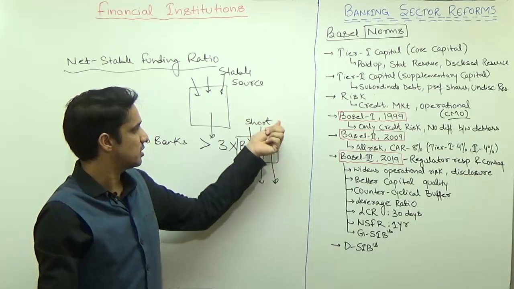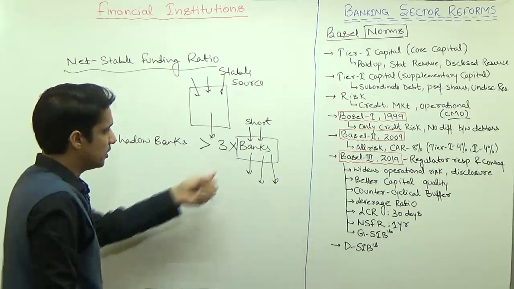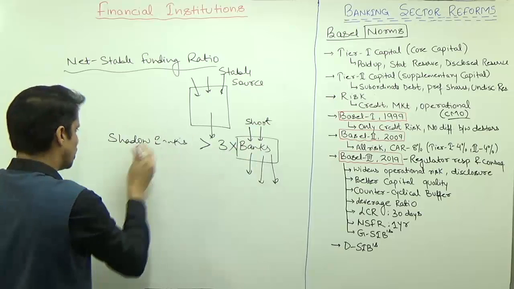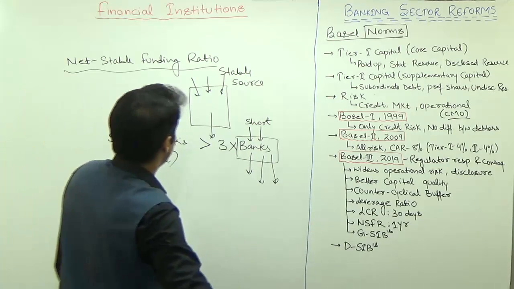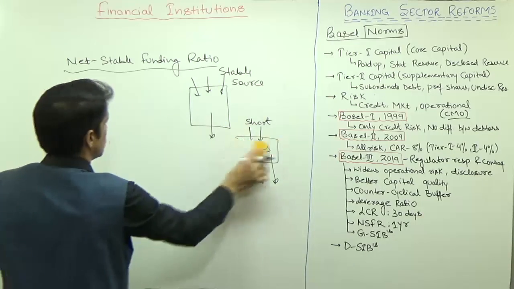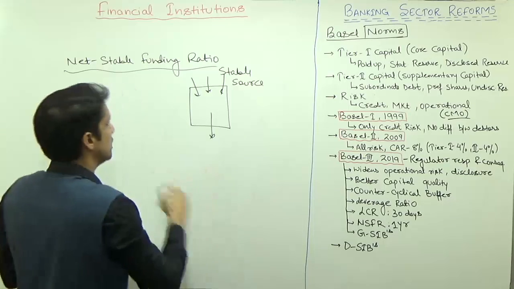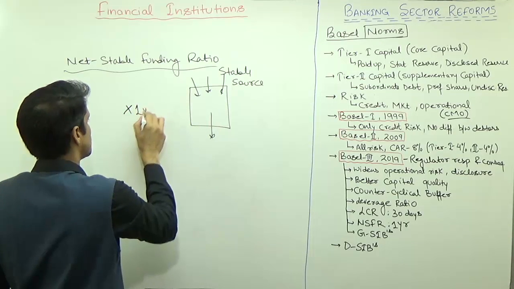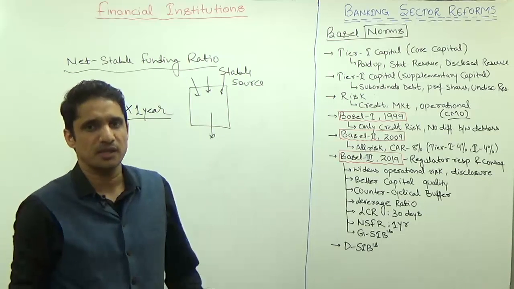Developed countries' banks started borrowing for short duration, and the funds available to the banks were not much because funds were shifting to the shadow banks, also known as NBFCs. So to incentivize the banks to take funds from stable sources, so that there is no asset liability mismatch problem for 1 year, this net stable funding ratio will be prescribed.